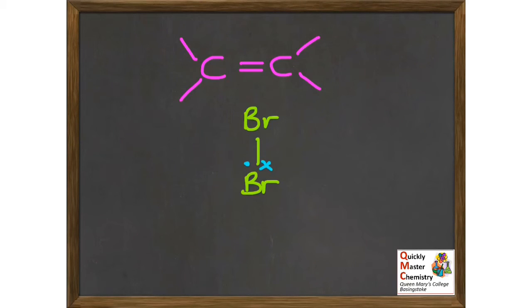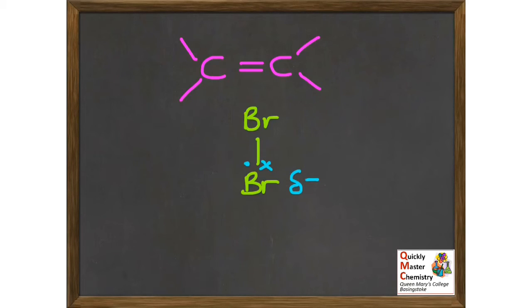The result of this repulsion can be seen in the diagram with the bromine shared pair now down towards the bromine furthest away from the alkene group. Electrons are negative, and so as they move towards one end of the bromine molecule, it creates an imbalance of charge, with the charge where the electrons have moved to being slightly negative.